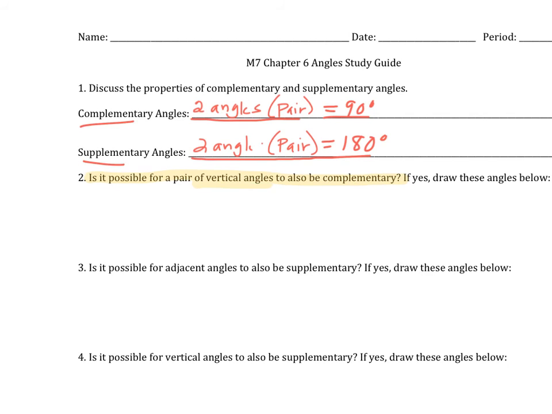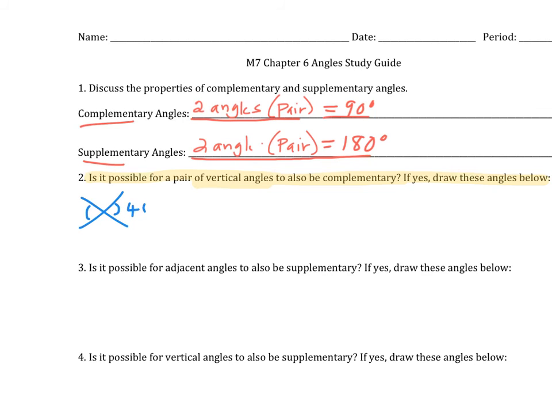So, is it possible for a pair of vertical angles to also be complementary? If yes, draw these angles below. Well, vertical angles are angles that are opposite each other. If they were both the same degrees, they could add up to 90.